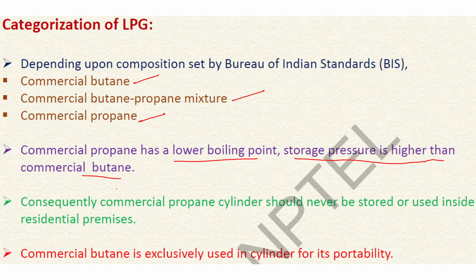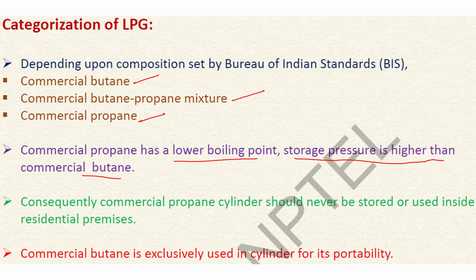So the standards for storage vessels for storing propane are quite different compared to butane. The storage of butane is not a problem, since it does not impose a high pressure, whereas propane's storage pressure is very high.